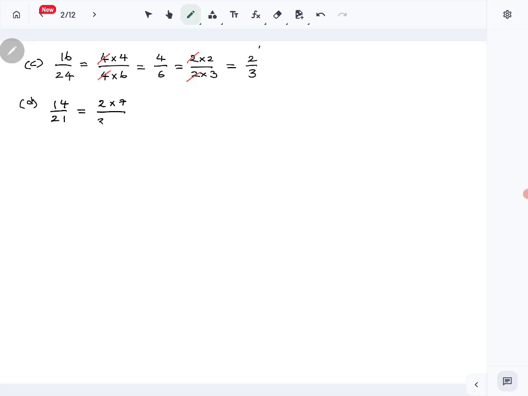What is that? 3 times 7. So then cancel the common part, 7. So what is left? 2 over 3. This we can't factor anymore. So this is the simplified form.